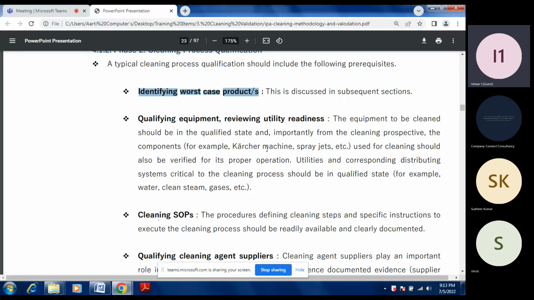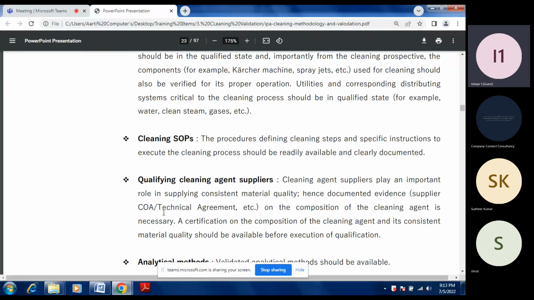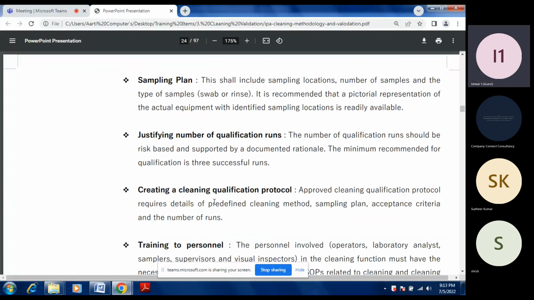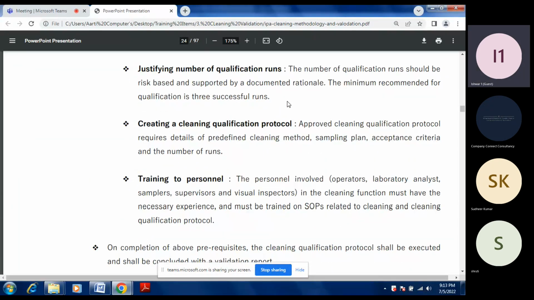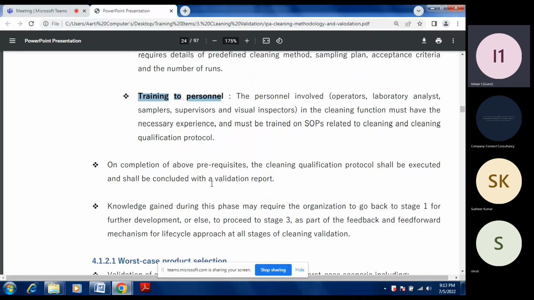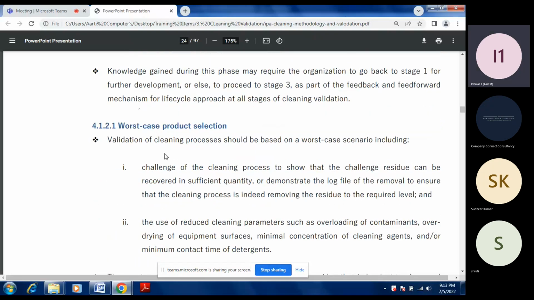And qualify the equipment by reviewing the utility readiness, cleaning SOP, qualified cleaning agent suppliers, analytical methods, sampling plan, justification, number of qualification runs, cleaning qualification protocols, and training of the personnel. Everything we have discussed should be evaluated during the cleaning.